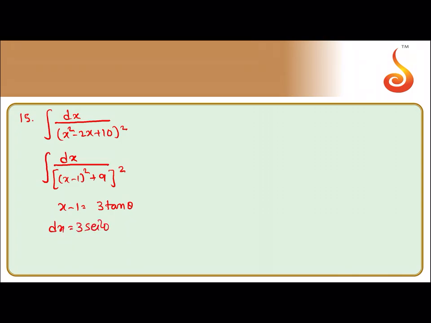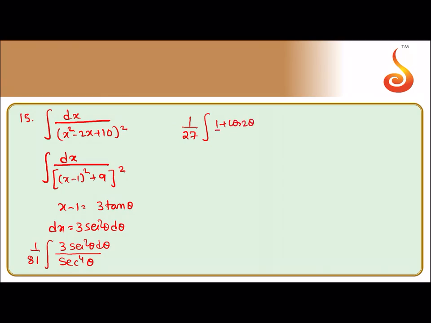So we substitute x minus 1 as 3 tan theta. So dx will give you 3 secant square theta d theta. If we substitute it, we get 1 by 81, 3 secant square theta d theta by secant to the power 4 theta.